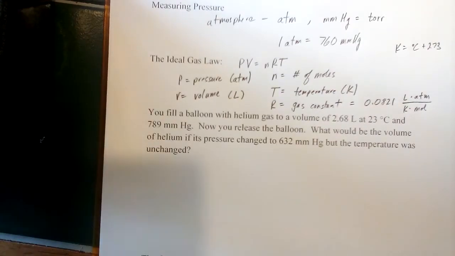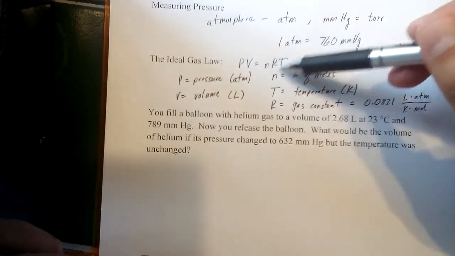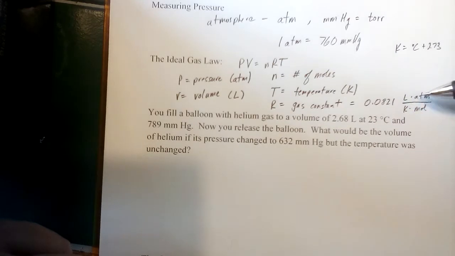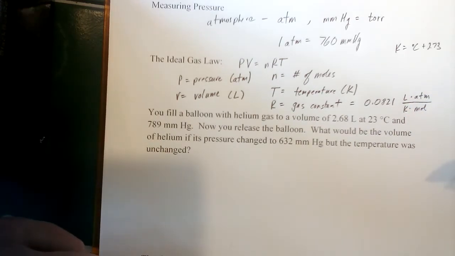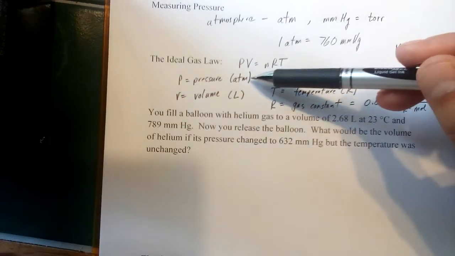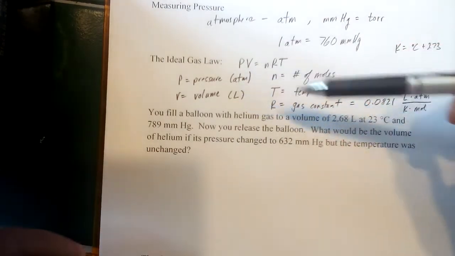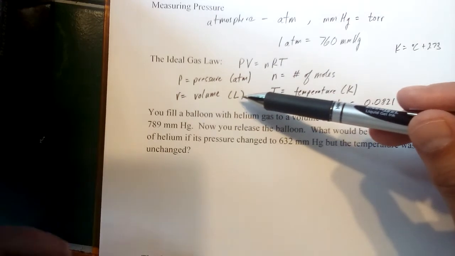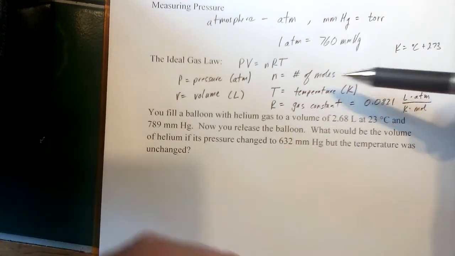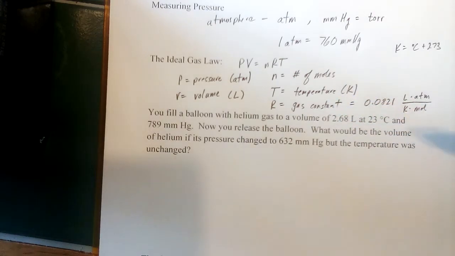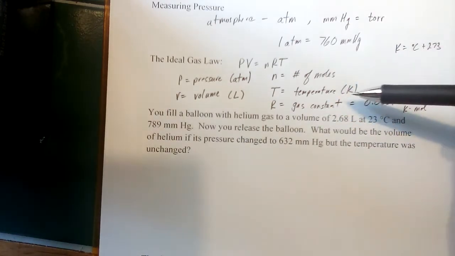So when we use this equation, the ideal gas law, and we use this value of R, what we need to do is make sure the other units match the units that are present in R, because to get to the answer we're trying to solve for, we'll need to cancel out all of the other units. So here's why we may have to change from millimeters of mercury to atmospheres. And if you're given some other measure of volume, you might want to change that to liters. And if you're given the mass of the gas and you know its formula, you could change that to how many moles of gas, etc.